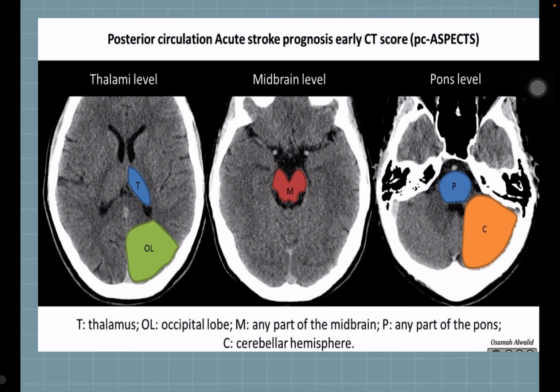The difference is that the pons and the midbrain are worth 2 points each, regardless of whether they are affected bilaterally or unilaterally. So thalamus 1 point each, occipital lobes 1 point each, midbrain 2 points, pons 2 points, and cerebellar hemisphere 1 point.